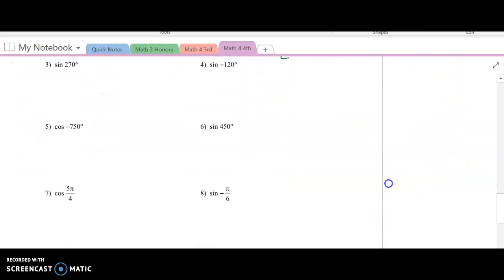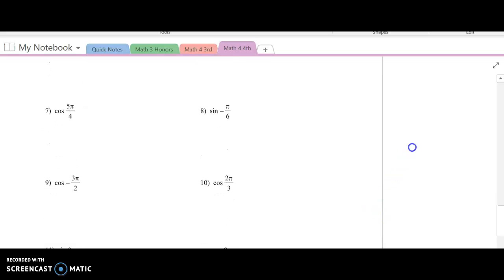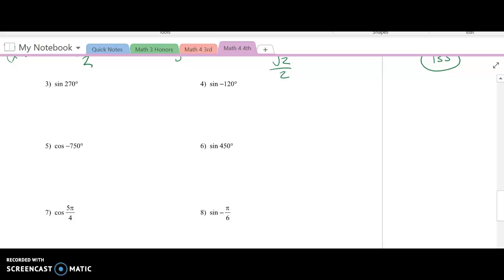So the rest of this is pretty straightforward, but I will do a couple of harder ones. Let's do sine of 450. So we have our where is 450 and sine is our what. So it tells me that this is my y value. This is what we're going to try and find. 450, this is over 360 if you notice.